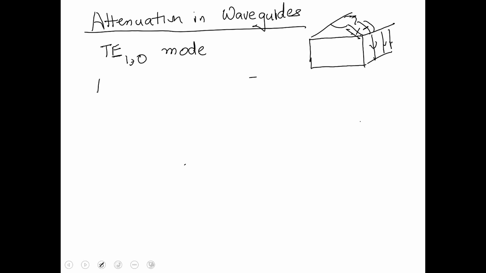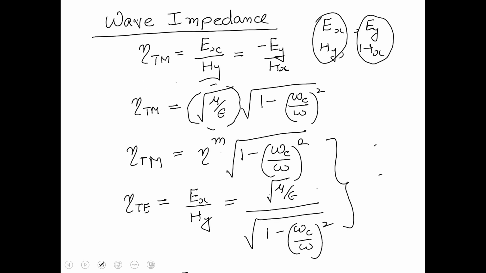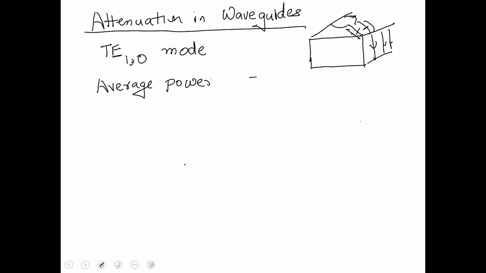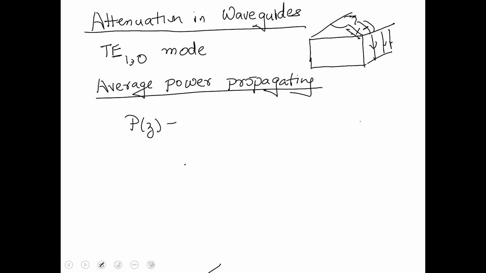So the average power propagating will be given by P in the Z direction, integral of the Poynting vector, half of E cross H star.